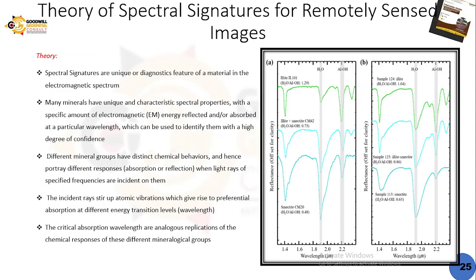You could see here that smectite, in this image, has 3 absorptions, but the deepest absorption is around 1.9 micrometers. Halite as well has 4 different absorptions, but the deepest absorption is around 2.2 micrometers.